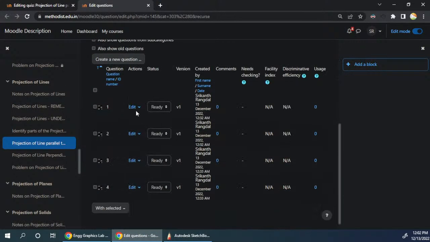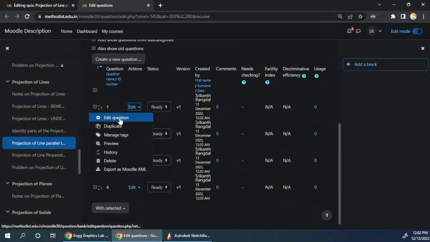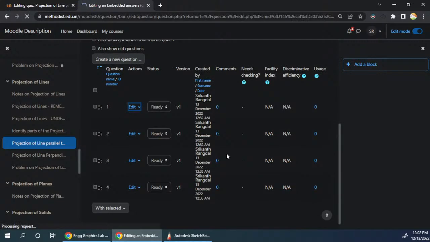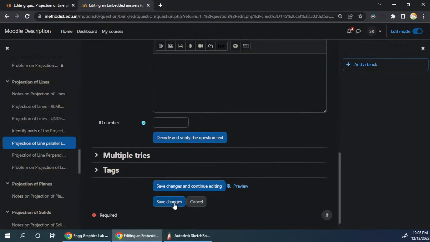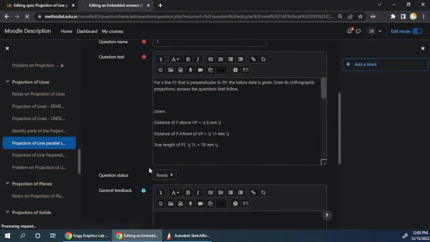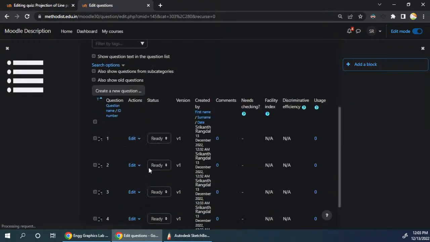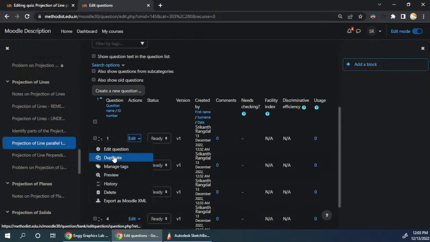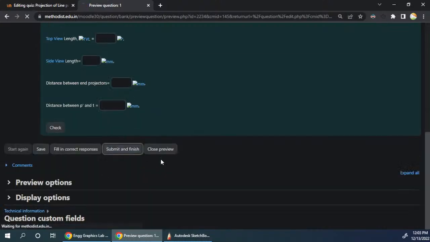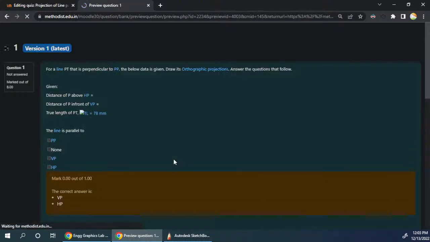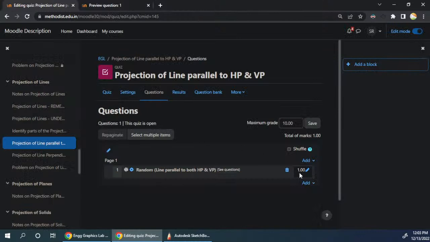See if the boxes are there for this. Wait.